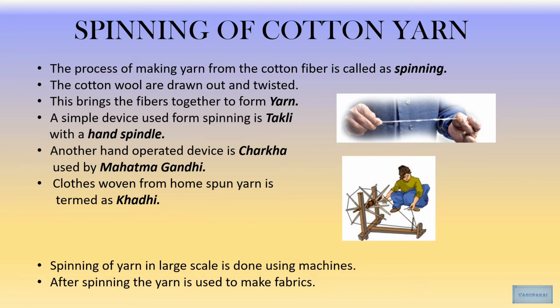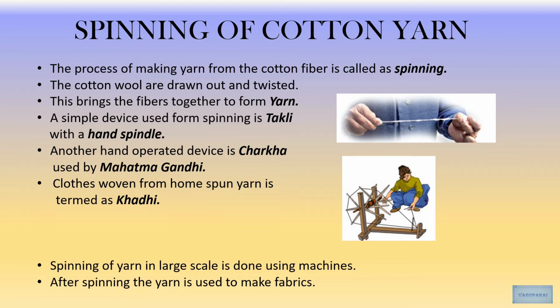We will learn about spinning of cotton yarn now. Now, what does it mean by spinning? The process of making the yarn from the cotton fiber using large wheels which are hand driven with a hand spindle is called spinning of yarn. Now there are two types of hand operated devices.